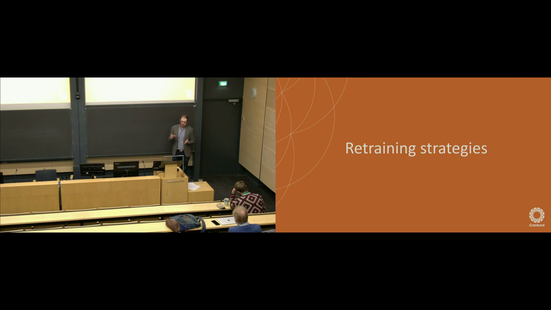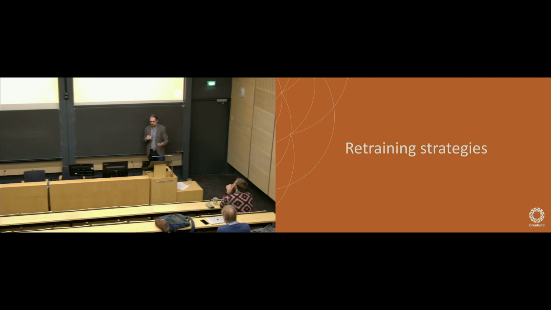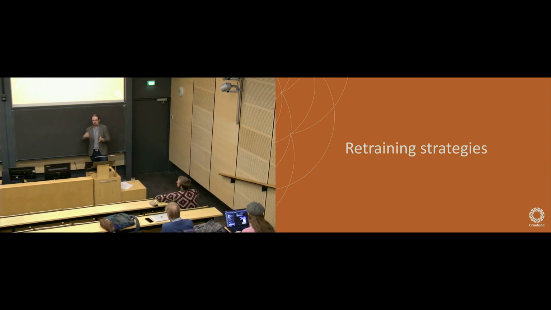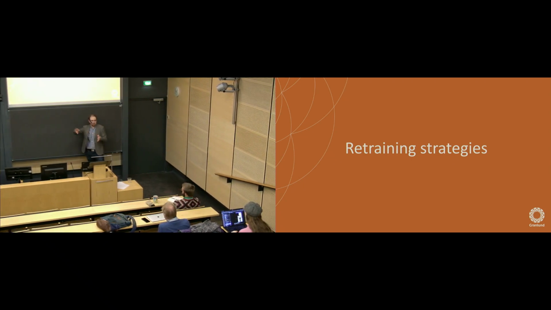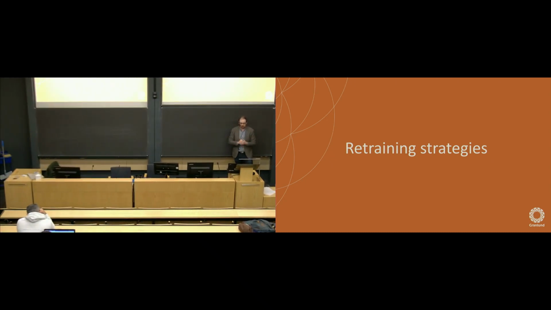If it detects that the drift occurred in this window, and now you have a new data distribution after that time, then from that time you take the data for a new model, or you combine old and new, and so on. So these are some retraining strategies.